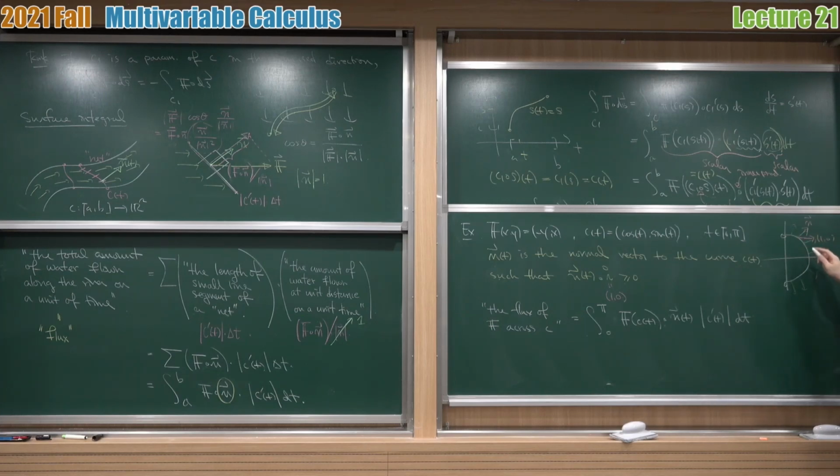When I am at (cos t, sin t), and my vector is pointing in that direction, I want to find the normal vector, which means that it's orthogonal to the tangent line, and also has length 1. So what should be my N?